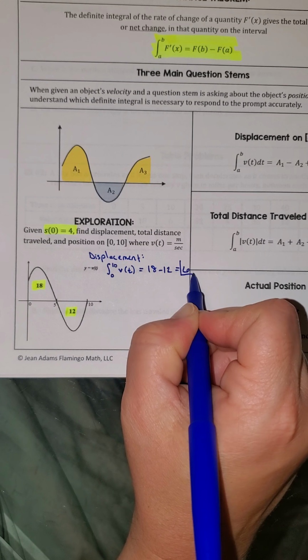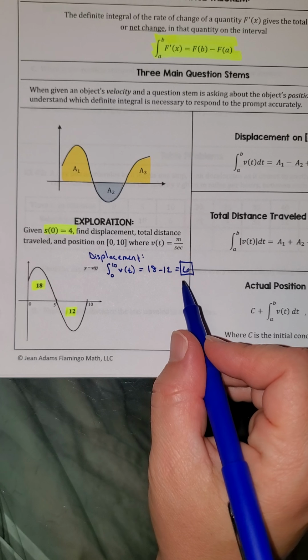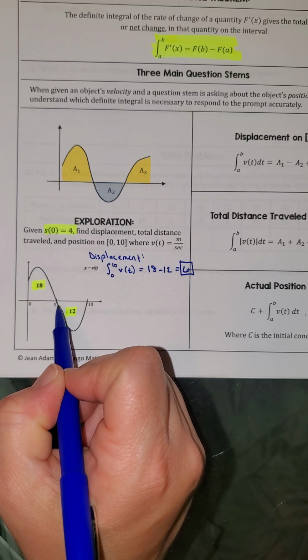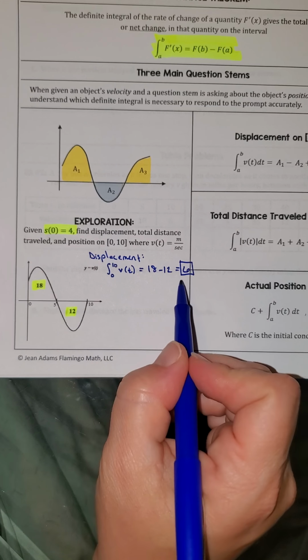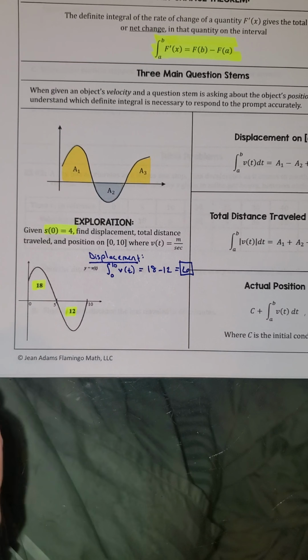So the displacement, it'll move 6 to the right because it's positive. So that's how far it is in the end. It's gone to the right 18, to the left 12, so it ends 6 to the right. That's what your displacement is.